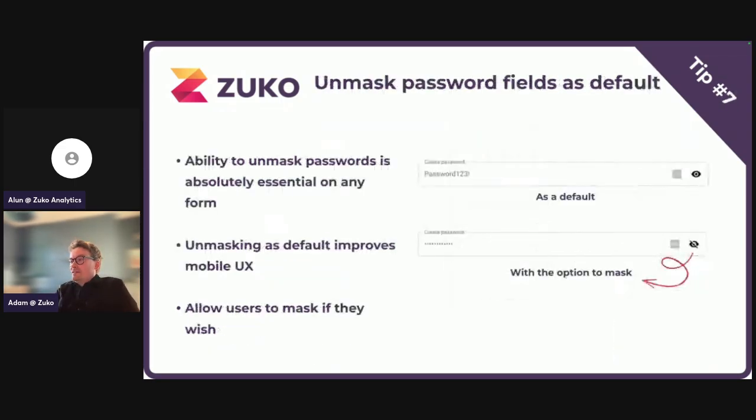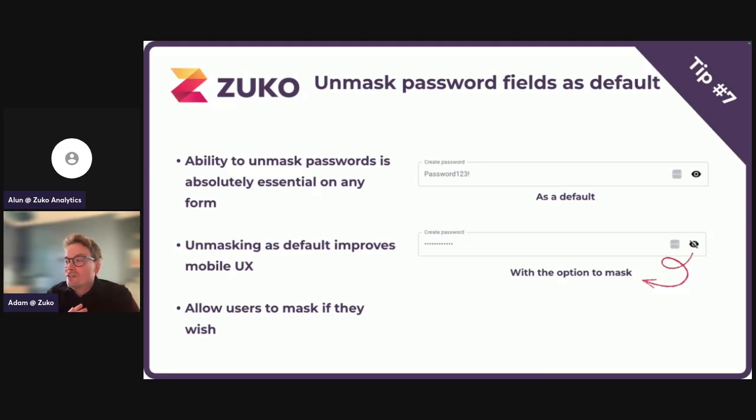Tip number 7, password fields. Generally around password fields, you're going to have a masking or unmasking feature. We would probably argue that unmasking as a default is better for mobile users.